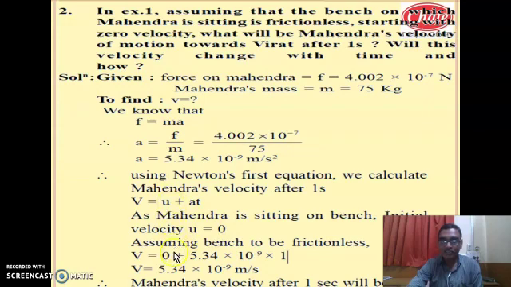Substituting U equals 0, acceleration 5.34 into 10 raised to minus 9, and time 1 second, we get the velocity of Mahendra after 1 second: 5.34 into 10 raised to minus 9 meter per second.